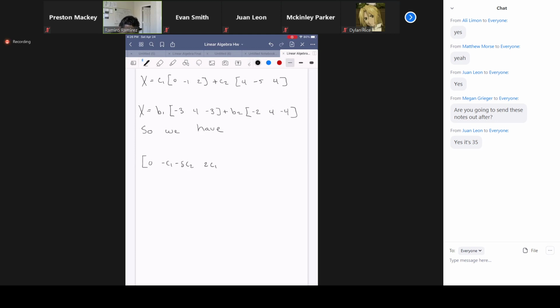Oh yeah, this one would have to be 4C2. So here. All right, so it's going to be then 2C1 plus 4C2 is going to be equal to minus 3B1 minus 2B2.